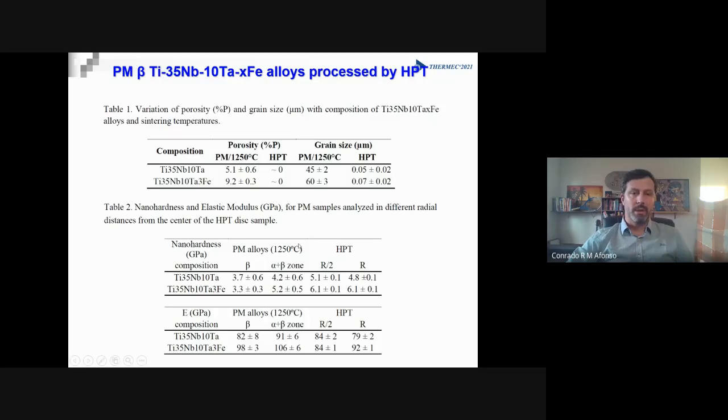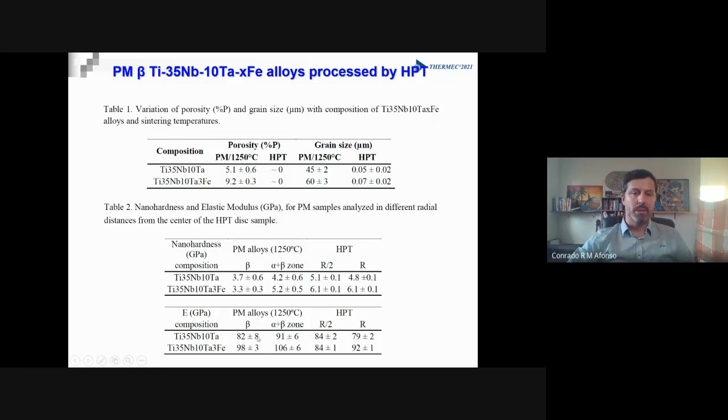So we measured the elastic modulus and hardness by nanoindentation, and we reached here the values which increased the value of the nanohardness after the HPT for both alloys, and the elastic modulus decreased for most of the results obtained.